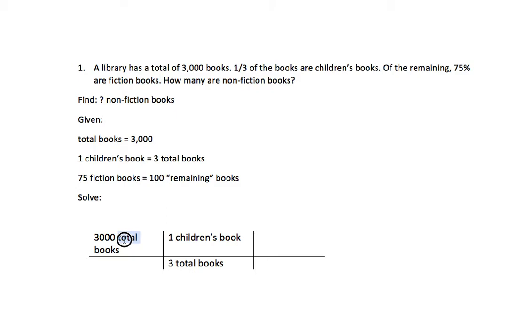Then, like we did in the previous ones, we can cancel total books. And we know that we'll end up with 1,000 children's books.